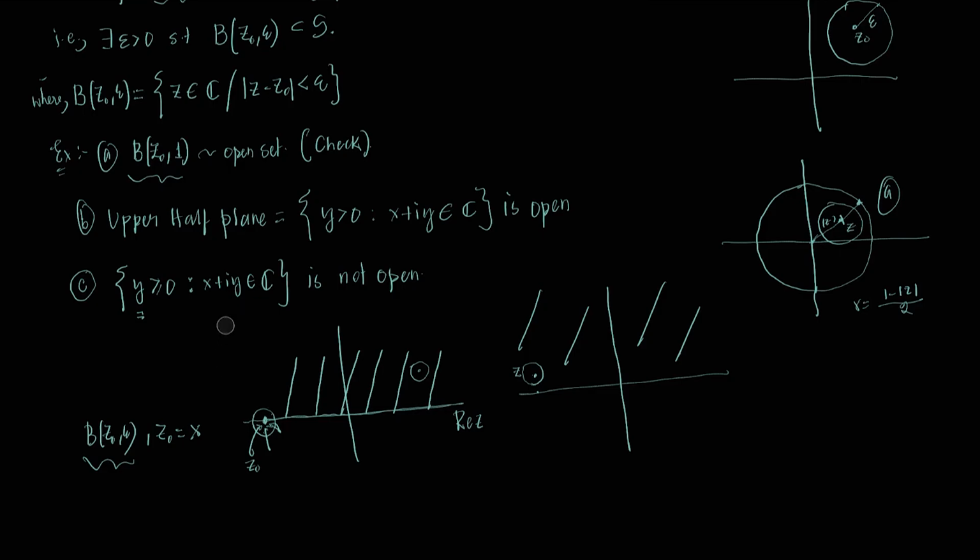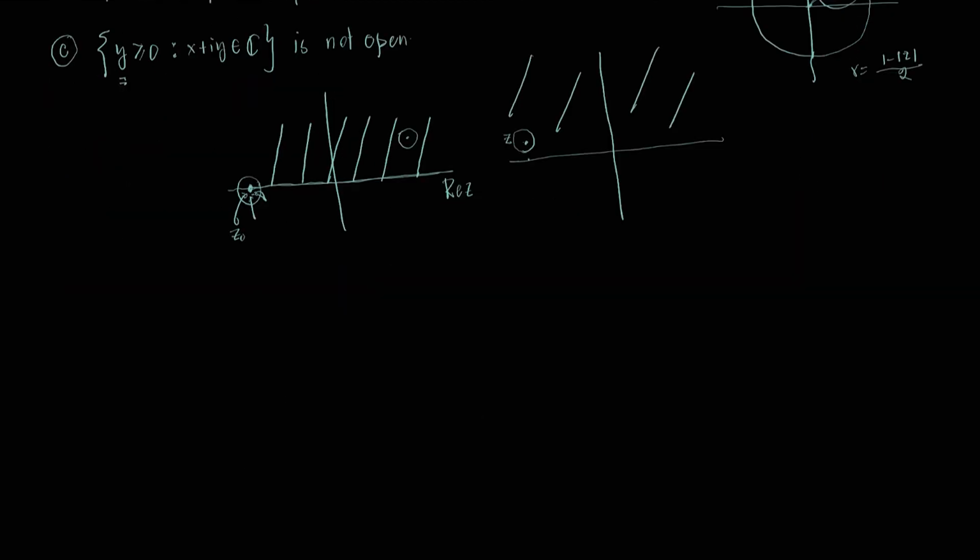Again, I am not explicitly showing you how to prove it. Please do this, it is very simple. Use the ideas I have described and you can actually show it. So that's the idea of an open set.